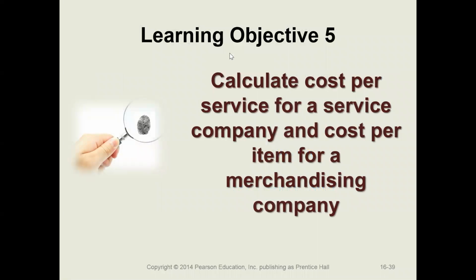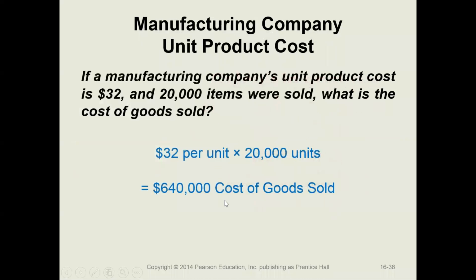Before we get to the next section, the difference between cost of goods manufactured and cost of goods sold is that cost of goods manufactured is how much it cost us to make the product. Cost of goods sold is the cost of those items that we sold.